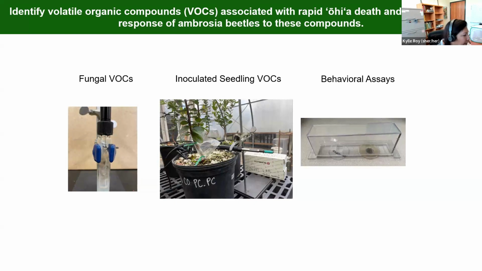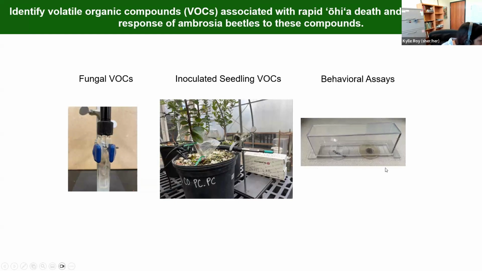Then you can identify the compounds. We then used the same SPME technology for ʻŌhiʻa seedlings that were inoculated with Ceratocystis lukuohia or Ceratocystis huliohia, and we also had wounded controls that were inoculated with water. I exposed the fiber to a little bag around the inoculation point, and again analyzed with GCMS.